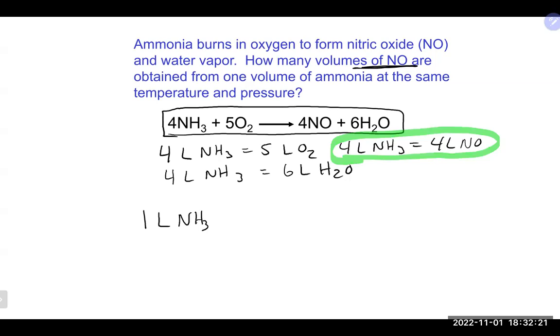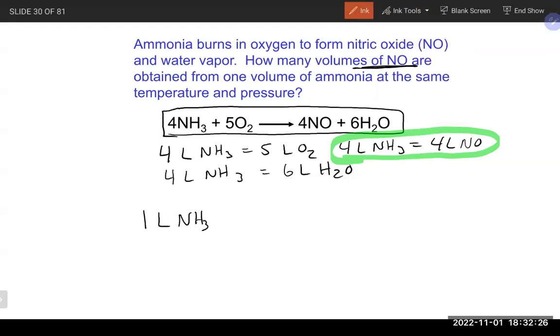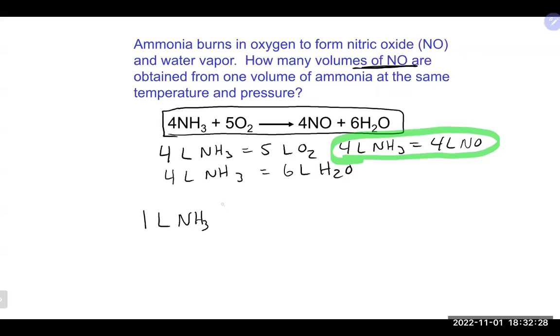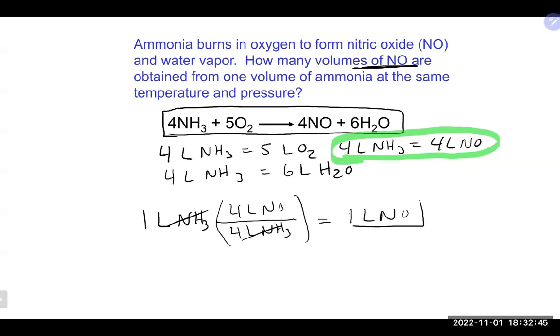And by the way, those numbers come from the coefficients. Just like you do in stoichiometry, we could really just do a stoichiometry calculation using liters. We could say for every 4 liters of NH3, you get 4 liters of NO. These cancel, and you would end up with 1 liter of NO in this case.